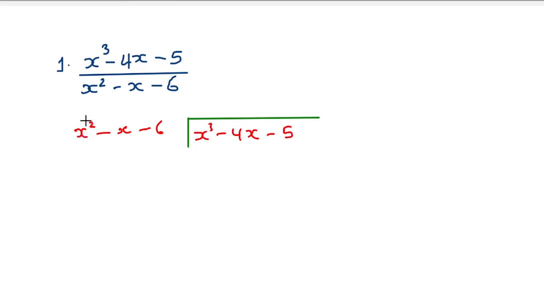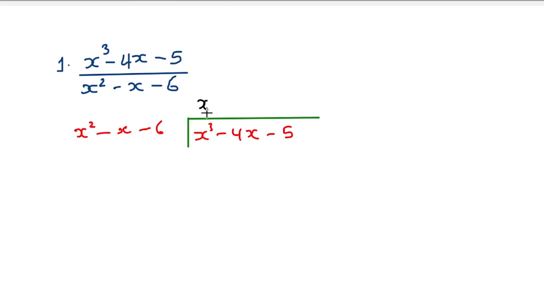We use the first terms to divide. So I'll take the first term under the root sign, x cubed, divided by the first term outside the root sign. So x cubed divided by x squared gives me x.